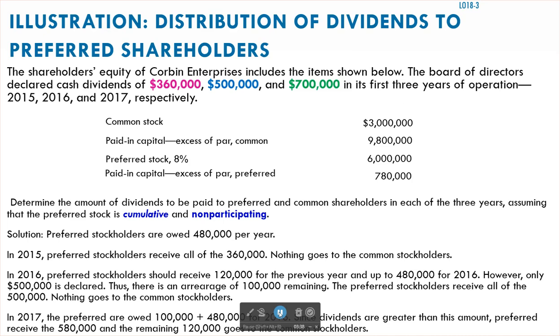So in the next year, then you have $480,000 for 2016, which you would like to pay them, but you'd also like to pay them $120,000. But the problem here is in the next year, you only have $500,000 declared. So we can only pay the $500,000, which means they still have that in arrearage.